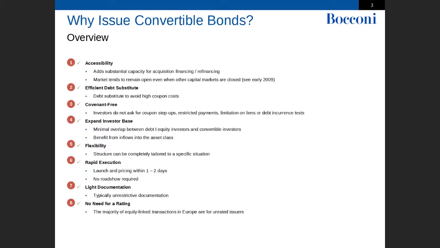You expand the investor base, because when you issue these instruments, you tap a class of investors that were untapped, untouched before. The investors for convertibles are neither in the liability, in the debt, nor in equity; they are specifically dedicated.